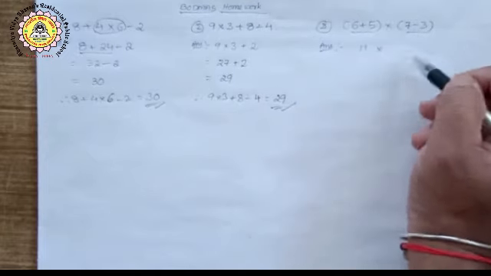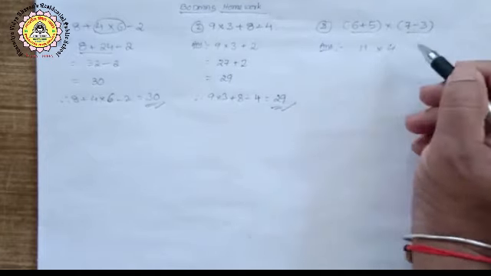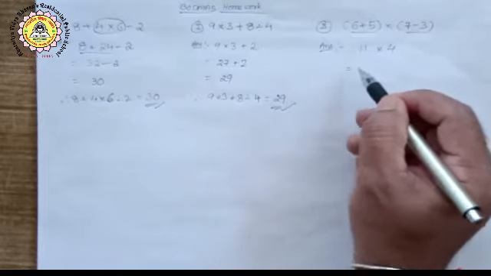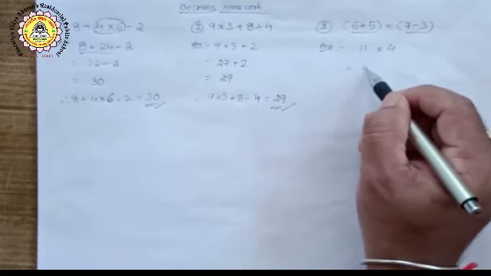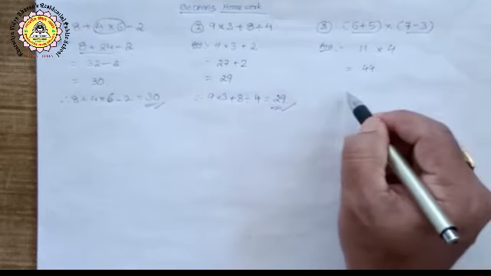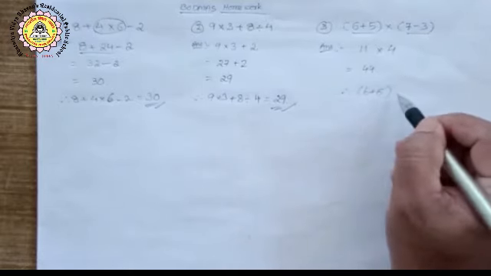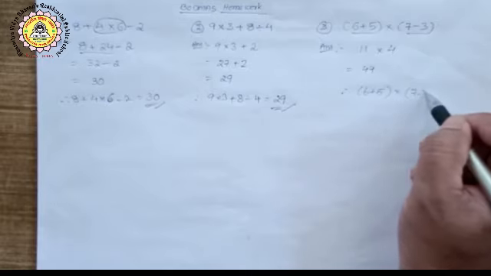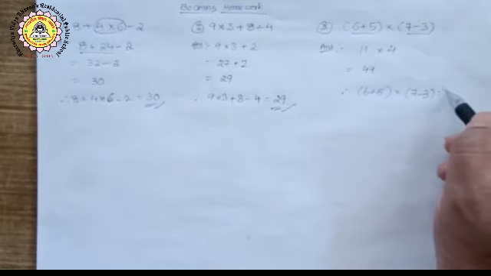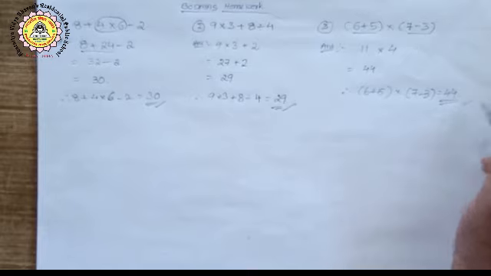Into 7 minus 3, how much? 4. 11 into 4, how much? 11 4s are very simple, 44. Clear? Therefore 6 plus 5 into 7 minus 3 is equals to 44.